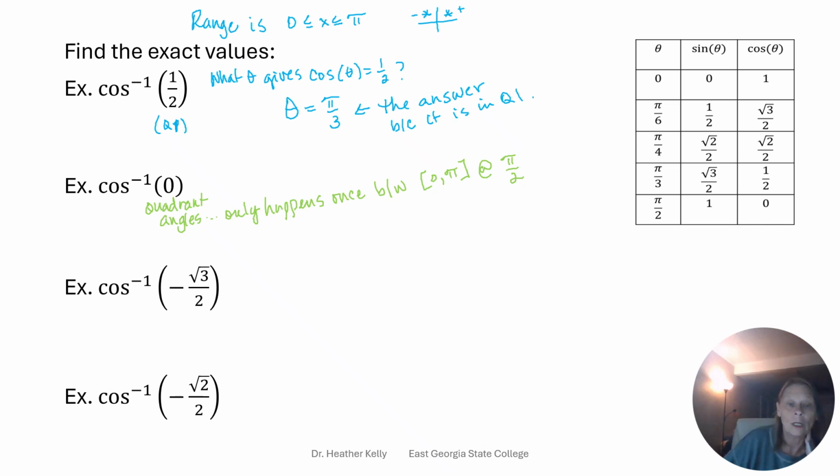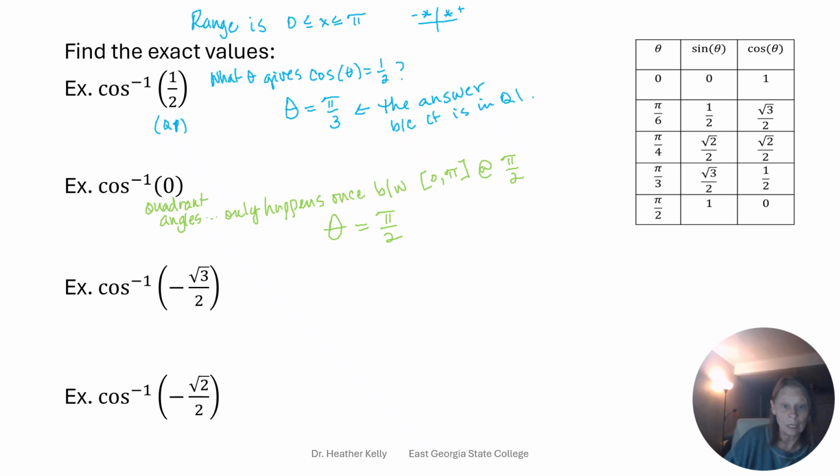Okay, well, we know that from some of the studying that we've been doing on these functions, so theta is equal to pi over 2. No decisions to be made here because that's the only place between 0 and pi that the cosine is equal to 0. Okay? All right, cool.